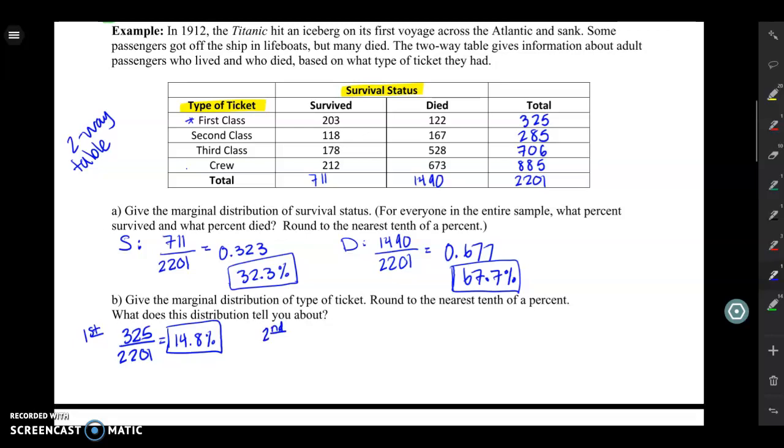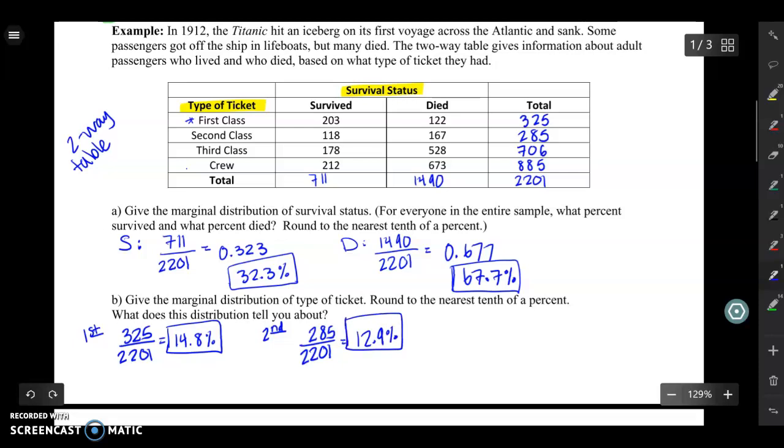Okay. To figure out second class, I would look at the total in second class. So 285 people were in second class out of the total 2,201 that were on the ship, and that's 12.9%. So 12.9% of the passengers were in second class. We would do the same thing with third class and with the crew.